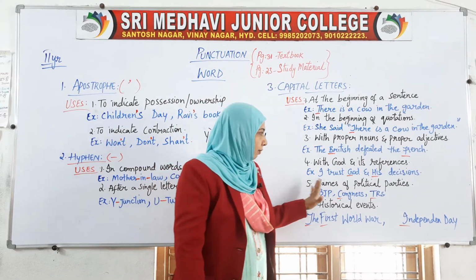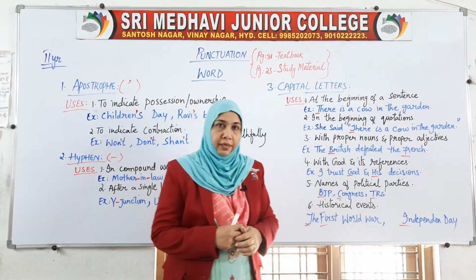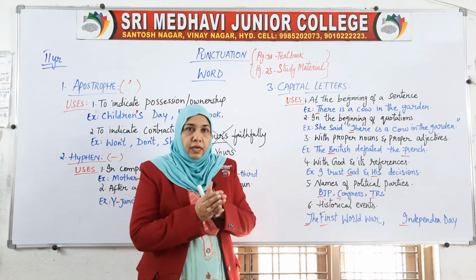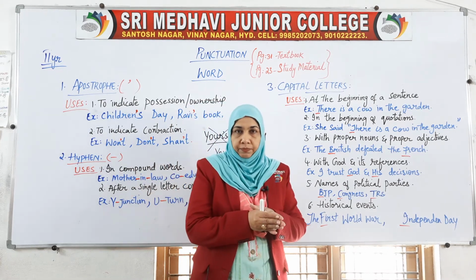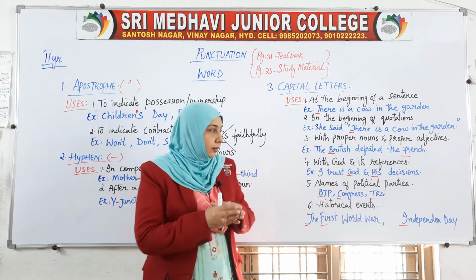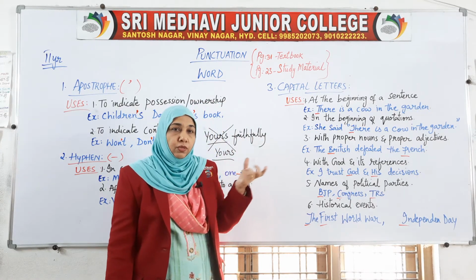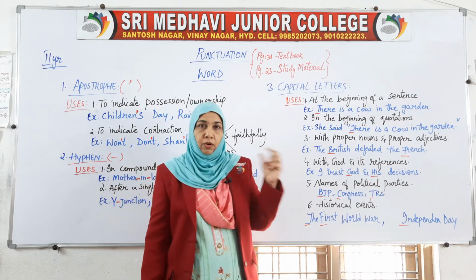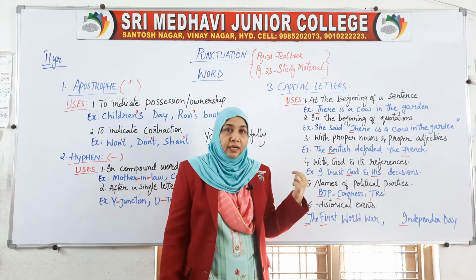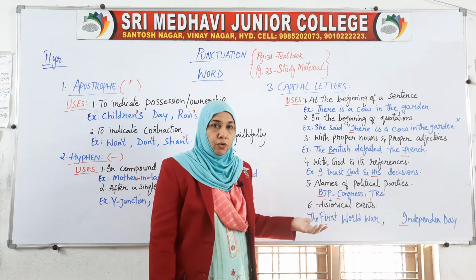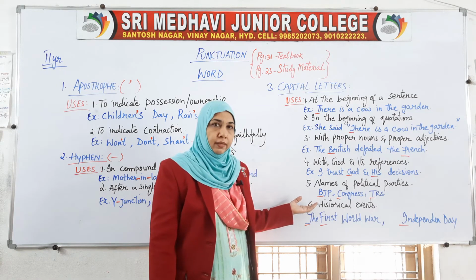Now next is names of political parties. Some names of political parties are abbreviated forms. Yesterday we read about where the full stop is to be kept or not, and we took examples like NATO and UNESCO. In the same way, this is also like that.